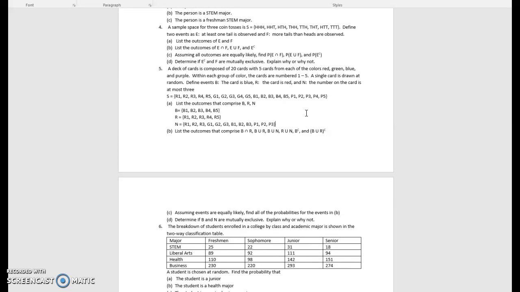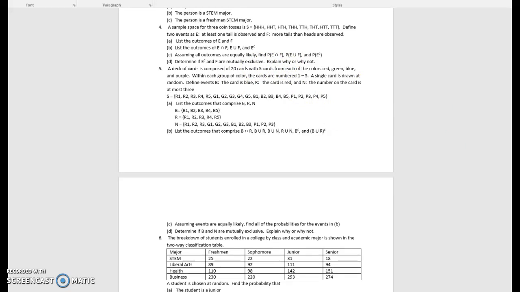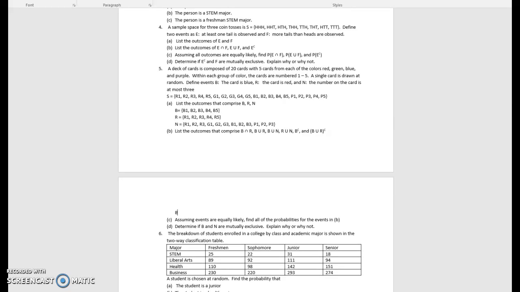Alright, so part B, we want to list the outcomes that comprise the events below. Well, let's take them a piece at a time. Let's first do B intersect R. Get my little intersect symbol.